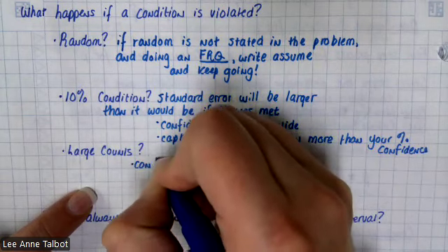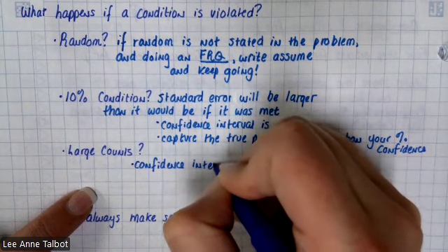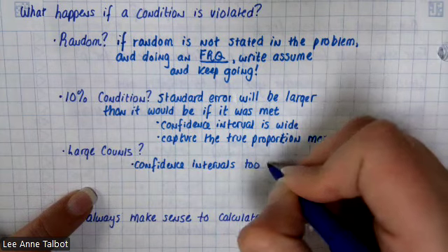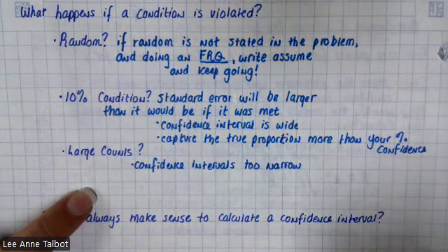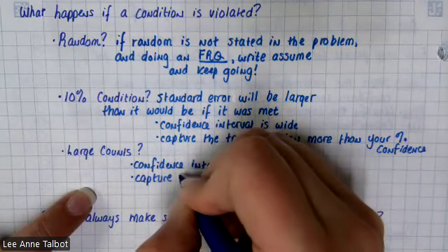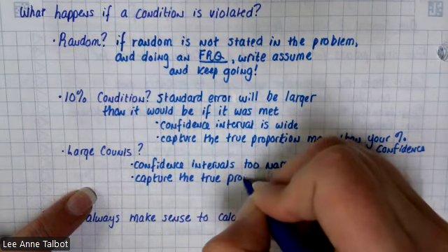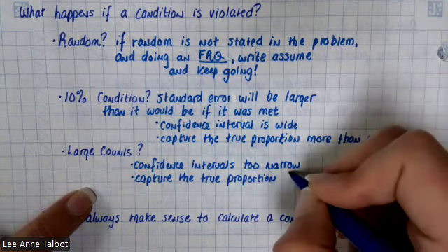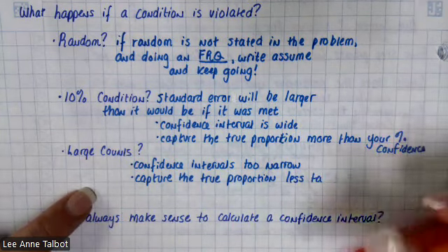Confidence intervals would be too narrow, and you would capture the true proportion less than your confidence level, which is a much bigger problem.